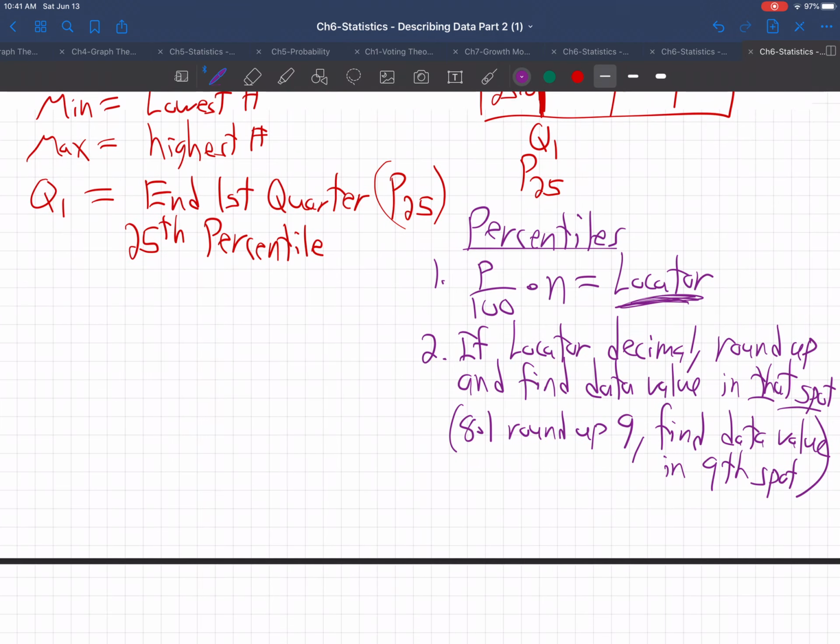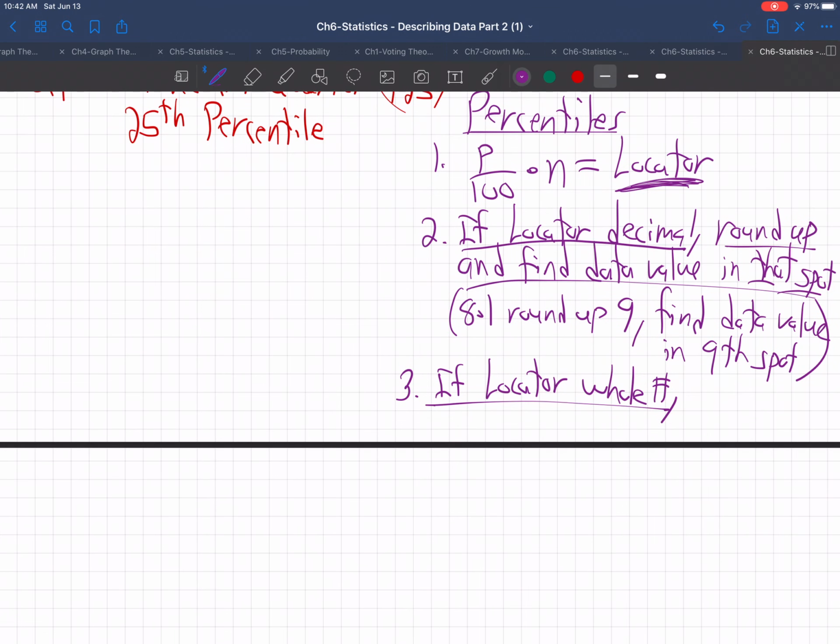So the answer wouldn't be 9, it would be the data value in the 9th spot. Remember, this is a locator. Now, step 3 is if the locator was a decimal, we round it up, find the data value in that spot. But what if the locator comes out to be a whole number? If the locator is a whole number, in that case, what we do is find 2 data values.